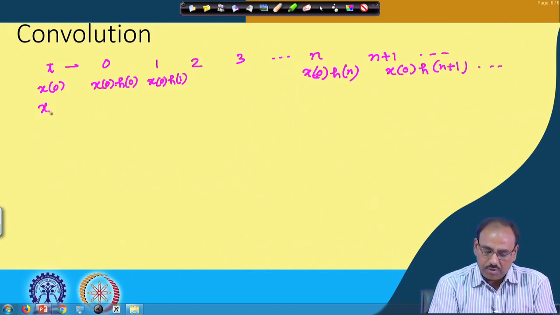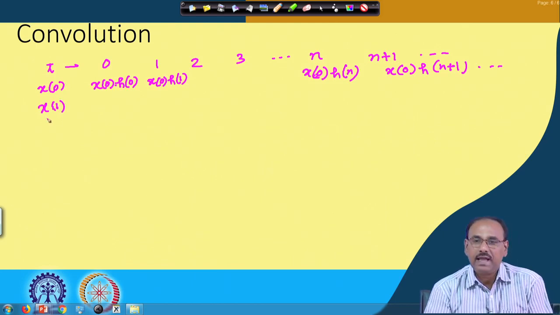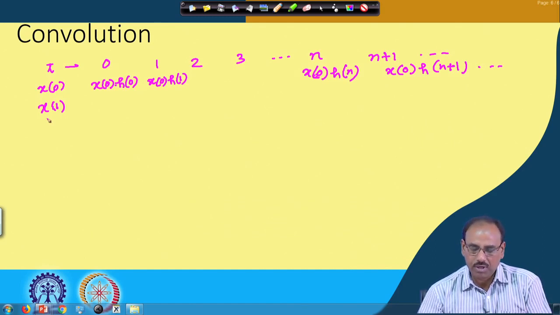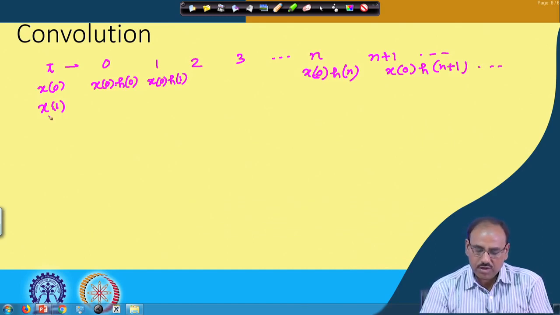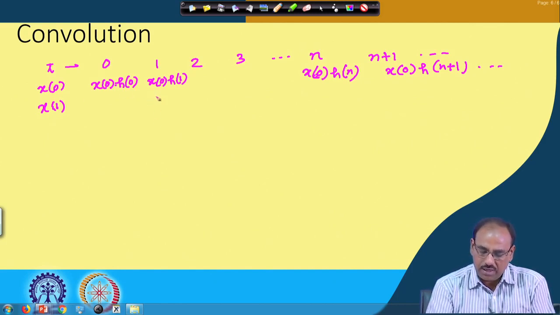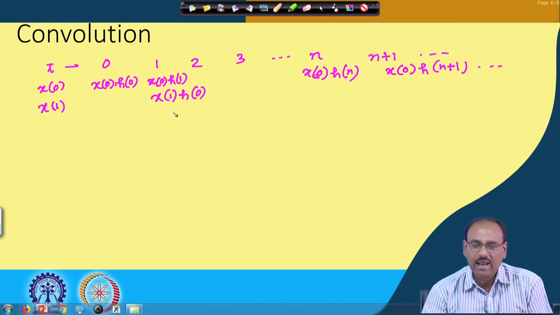Similarly, you are feeding input x1 at time t equal to 1. At time t equal to 0, I did not have x1. So, I can consider that this is a delayed input, which is delayed by a time equal to 1. So, with x1, my output will be something like this. Here it will be delayed. So, I will have x1 into h0, which will be available at time instant t equal to 1.